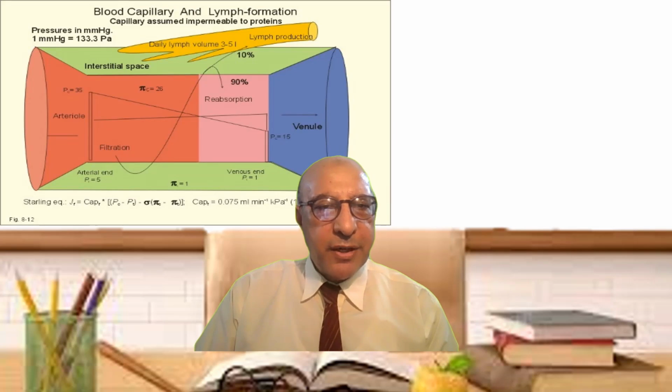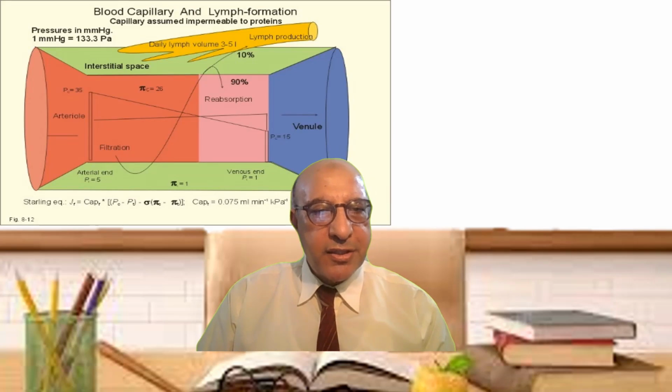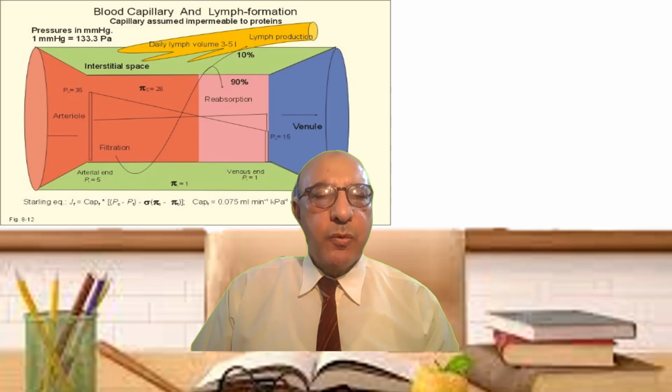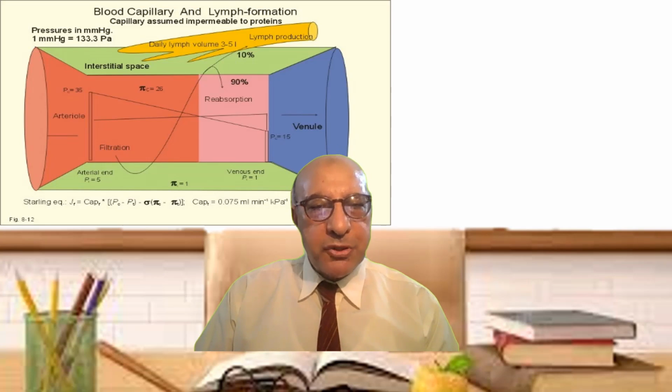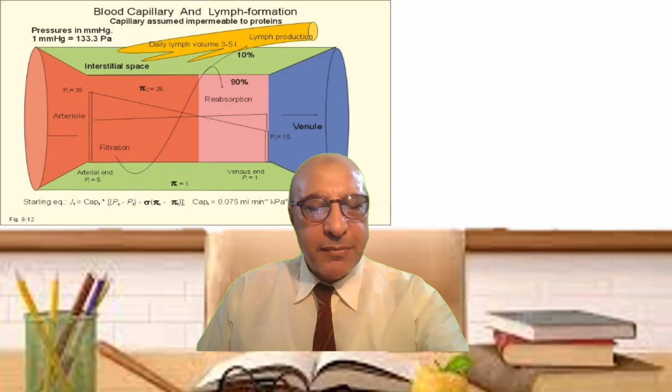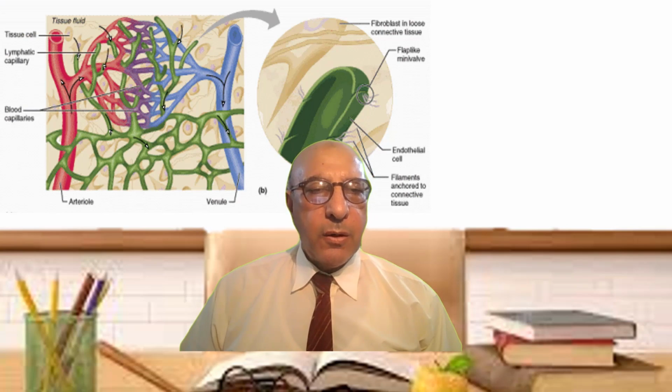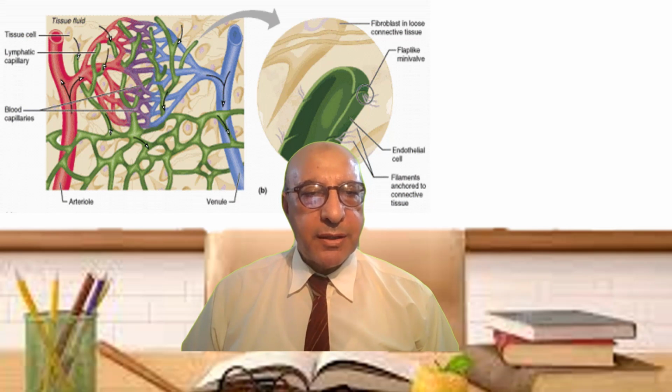And actually, in this figure, you will notice what we've just explained about the proximal end of the capillary with net filtration and the distal end of the capillary with net reabsorption, with the left 10% which is moved out by means of the lymphatics. As we can see in this figure, there are always lymphatics accompanying the net of capillaries.